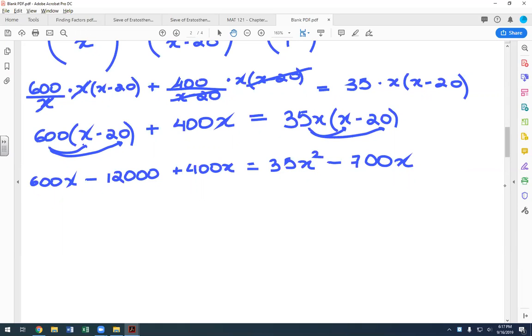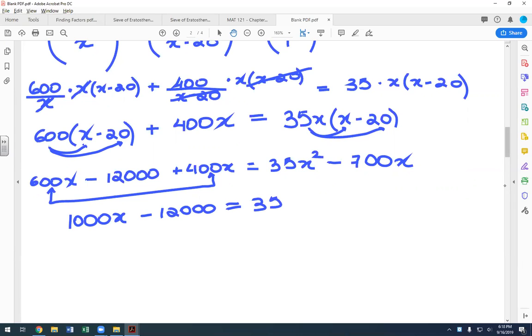But the first thing I'm actually going to do is combine these like terms. I've got 600x and 400x, which will of course add up to 1000x. 1000x minus the 12,000 equals 35x squared minus 700x.